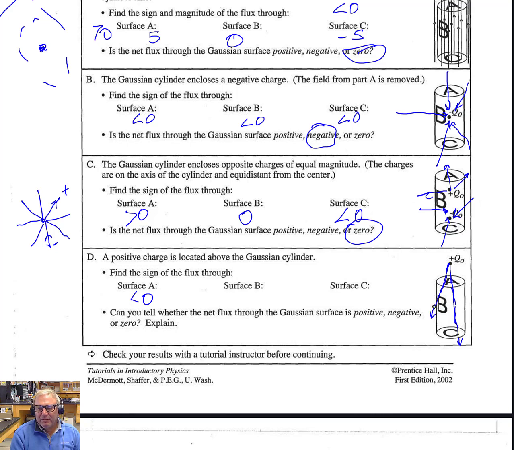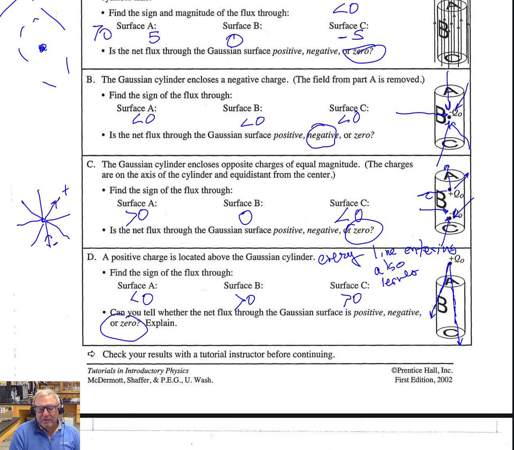I mean negative. No, positive. They're all going to point out. And same thing with surface C. But we see that no matter what, every line that enters also leaves. So if that happens, that means that the net flux is 0, and it said to explain.